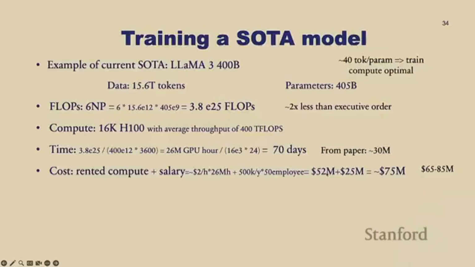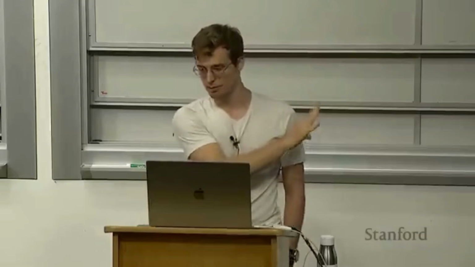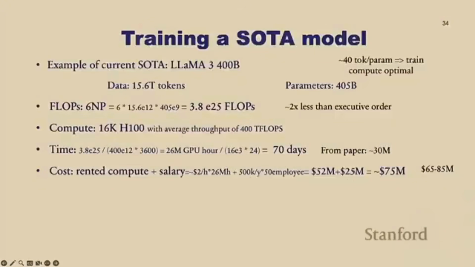They probably pay less than that, but not actually much less, because all these services that rent GPUs don't make that much money. So it's probably slightly less, but not that much less. Now salary, I said 50 employees, $500K per year. It's probably the right ballpark, $25 million. So if you put it all together, around $75 million for training this Llama model. I'm probably off by like 10 million, but that's kind of the right ballpark.